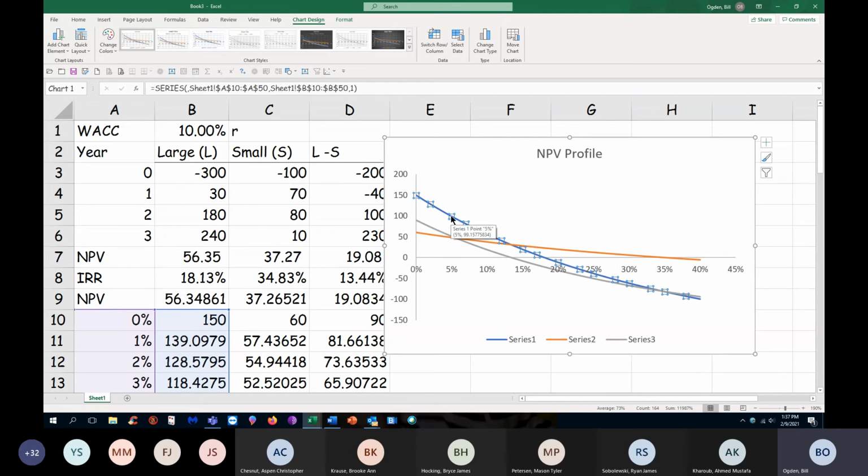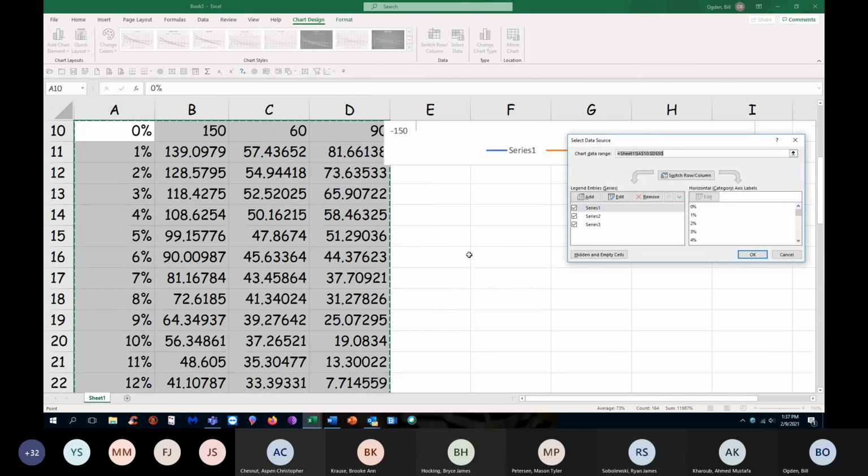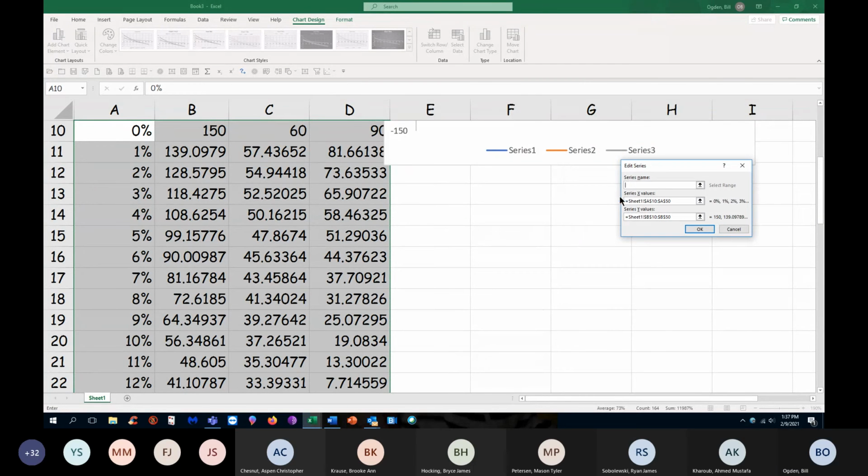And I'm going to right mouse click it, and then I'm going to say select data. Okay, we've already selected all of our data. That's all done. But what I want to do is edit this series and just give it a name. So this is project L. Say okay.